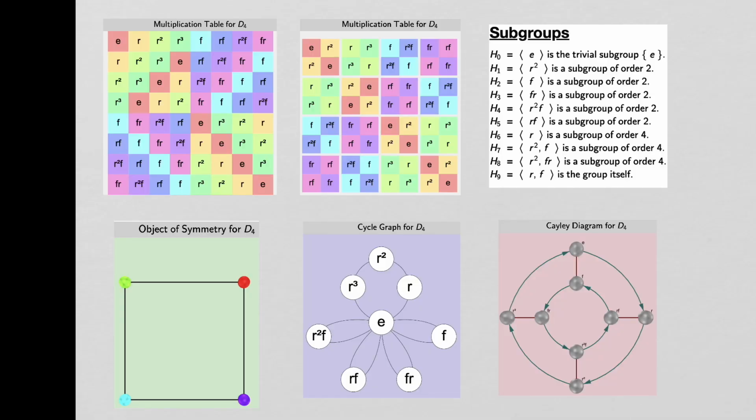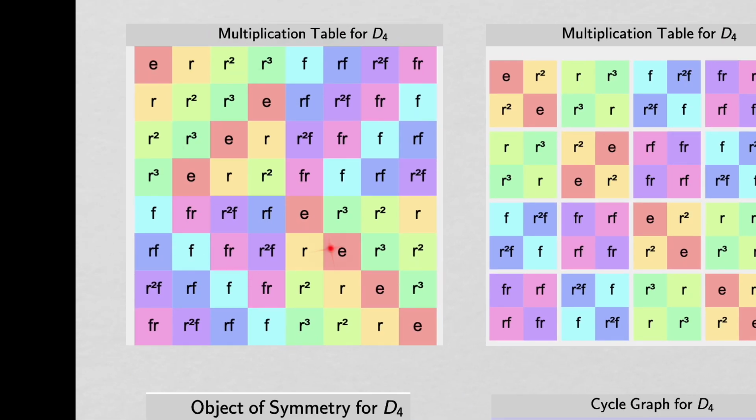So now let's look at some of the data that just flows right out of the Group Explorer. What you can see is we automatically get the multiplication table, and the multiplication table is written in the language of the presentation. So the generators were R and F. Everything in here is going to be a word in terms of R and F. So that's easy to see, and it's very presentation dependent in that sense.